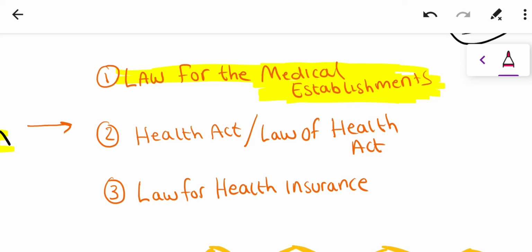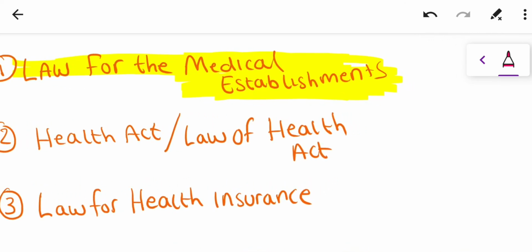All right, and obviously spend some time going through each of these different components. All of them have a bunch of different definitions that you need to know.